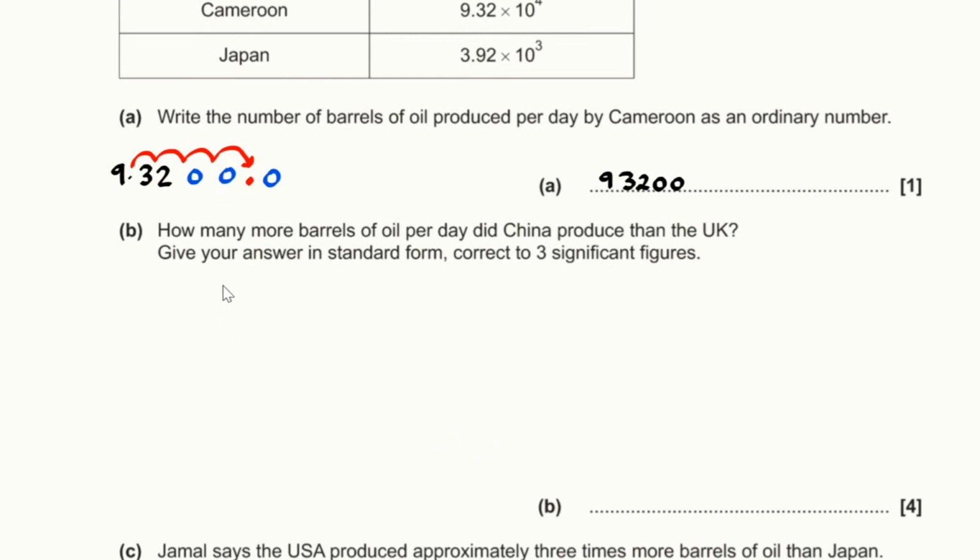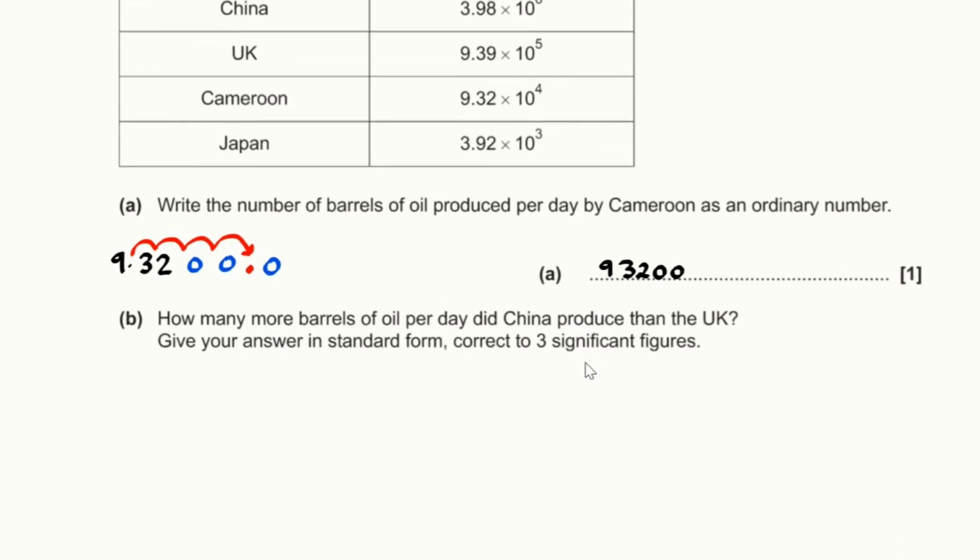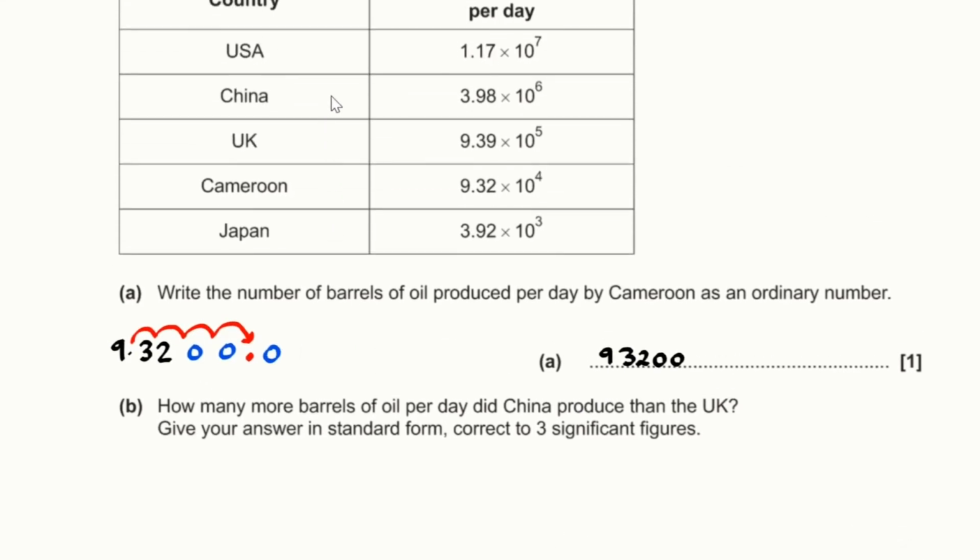Now for part B, how many more barrels of oil per day did China produce than the UK? Give your answer in standard form correct to three significant figures. We need to find out the difference between 3.98 times 10 to the power of 6 minus 9.39 times 10 to the power of 5.